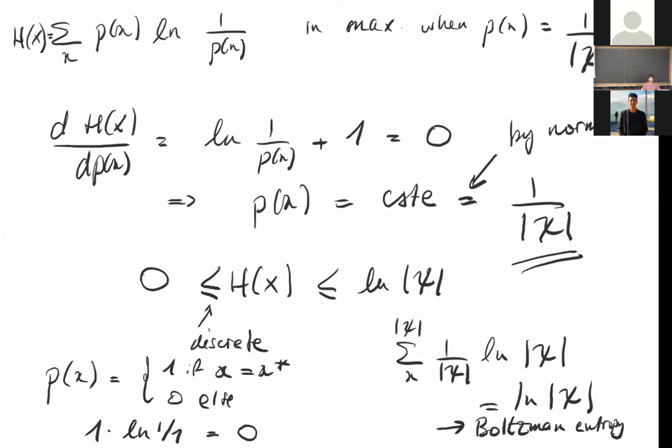Tomorrow I will start from where we start now, and I will give you more properties that are verified by this entropy that suggest very strongly that it's a proper definition of information content.